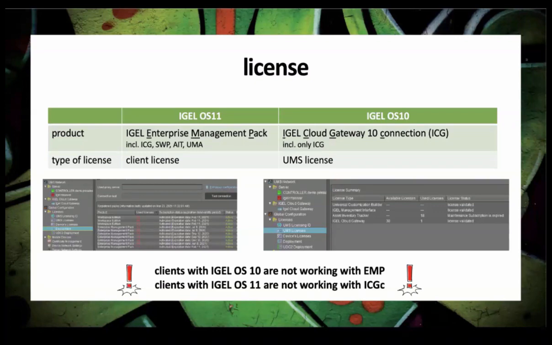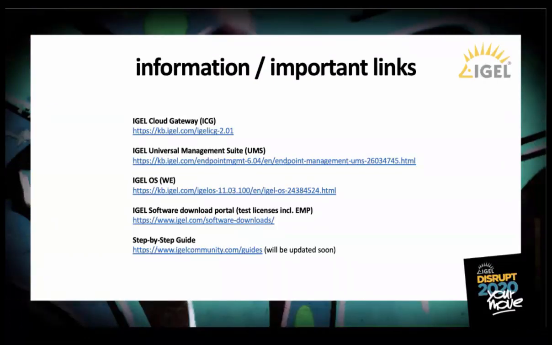Some information or important links. As always, I hope you know kb.igel.com, where you find all our knowledge about the products. So we have it for the ICG, UMS, the Workspace Edition, and also because we renewed our website a few weeks ago, some links changed.